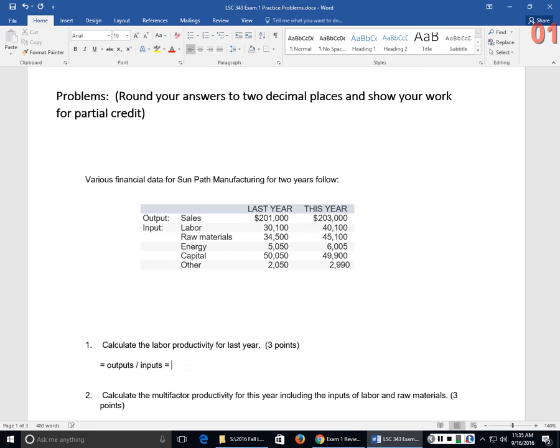In this case, it's my output of sales of 201,000, and I'm going to divide that by labor from last year of 30,100, and that's going to give me my productivity measure. I've already done the calculation, so it's 6.67, right?